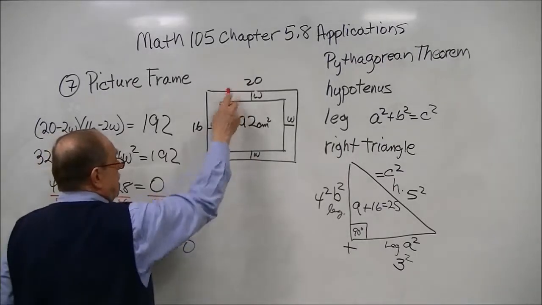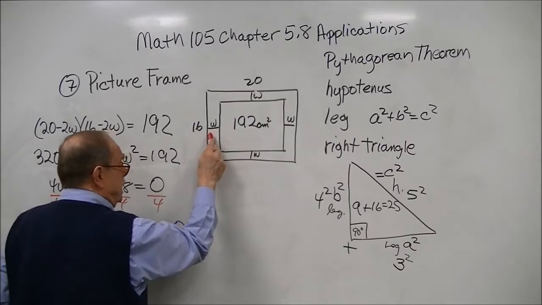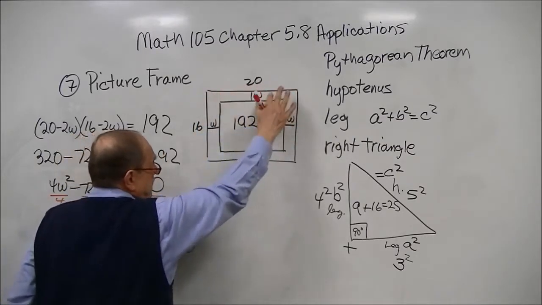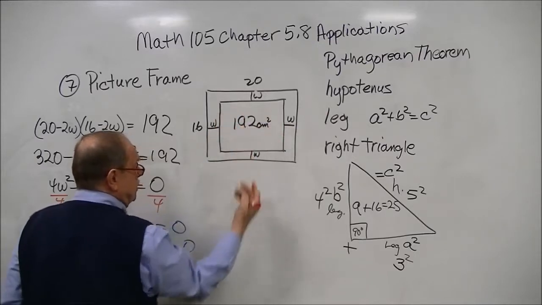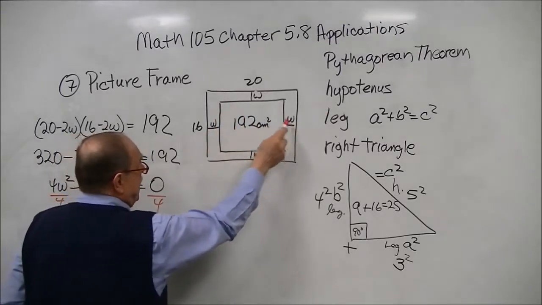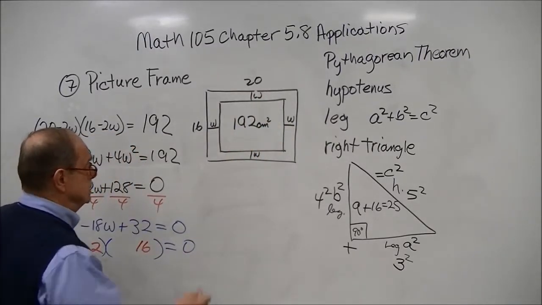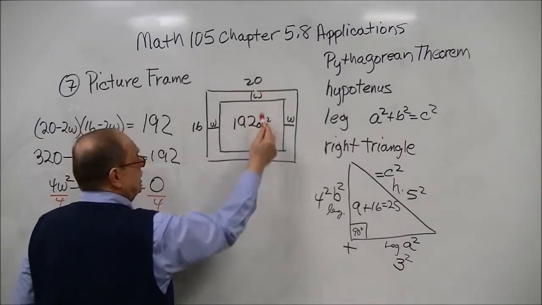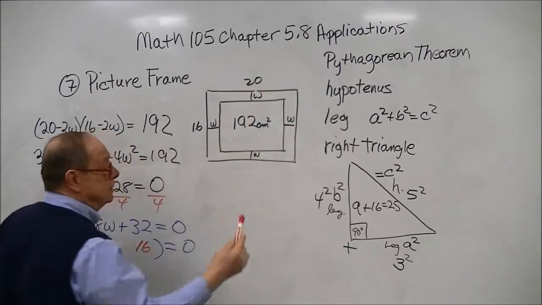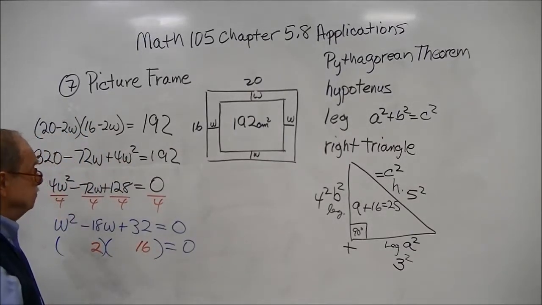So the overall was 16 by 20, and then they had a sort of a frame that went inside it, a little mat that let the picture show through. They're wondering what's the measure of that. I'm using the letter W to indicate that because there was a W there, a W there, a W there, a W there. I could have used any other letter, but I chose the W.